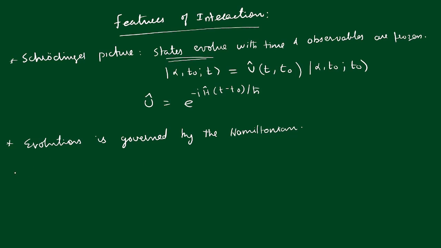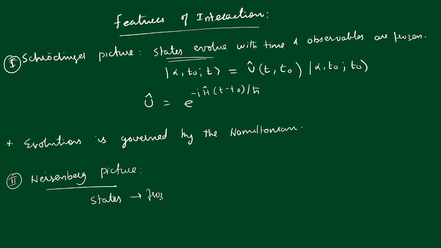And in the Heisenberg picture, what we had was the states are frozen. The states are considered to be frozen in time, and the operators evolve. Again, the evolution is governed by this unitary operator, right? So what was the condition?